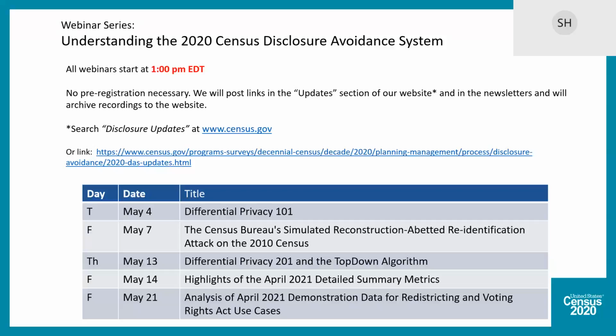The key things that we learned from that feedback was that for these statutory use cases, the key data elements that people were interested in were total population counts, total voting age population counts, and the proportions of racial groups for unspecified geographies.